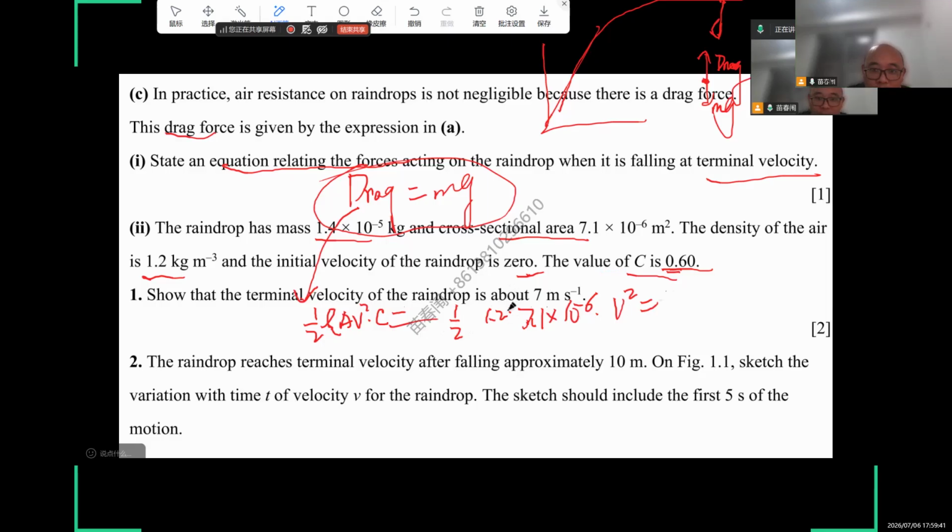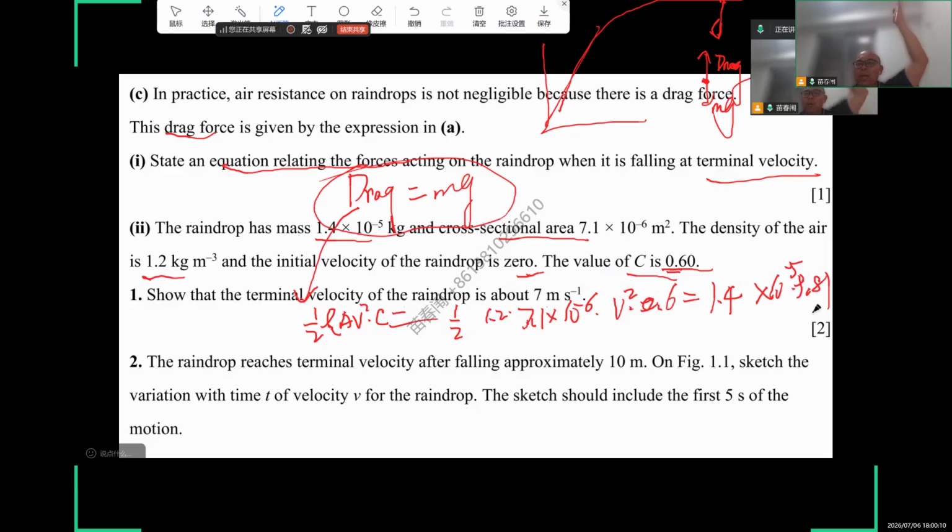Wait, I have the times 0.6, and then it equals mg, which is 1.4 times 10 to the negative 5 times g, which is 9.80. Which means next time you see a ring, it also reaches a constant velocity in there.